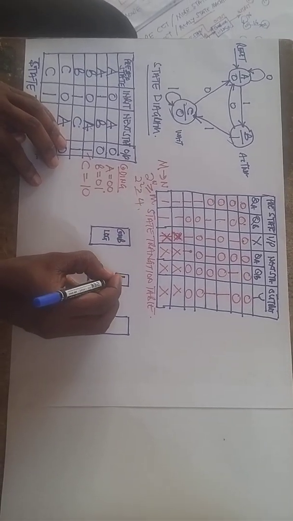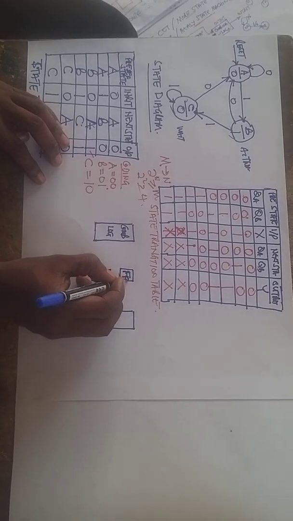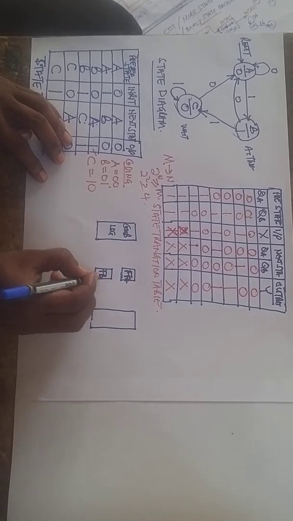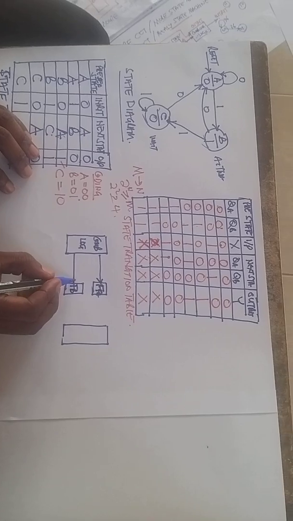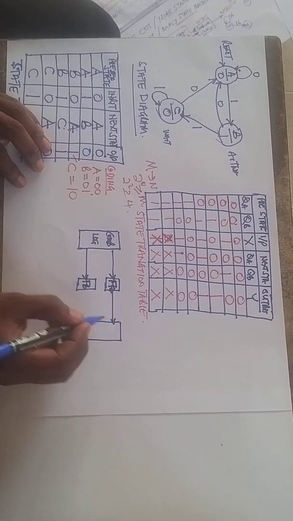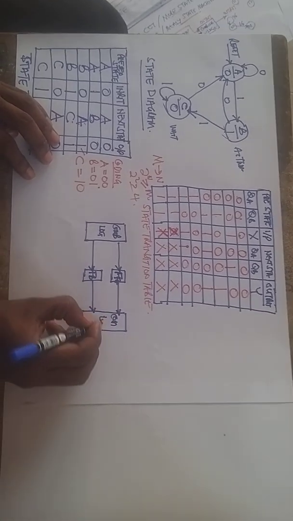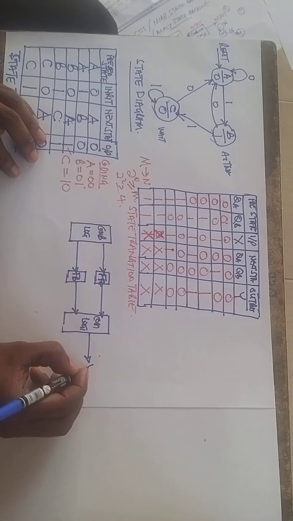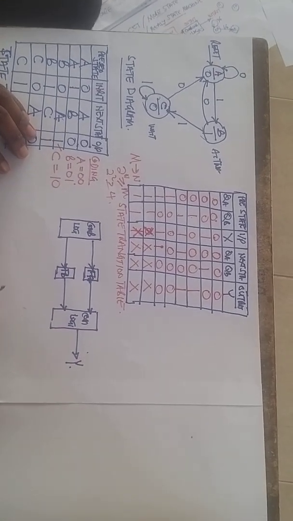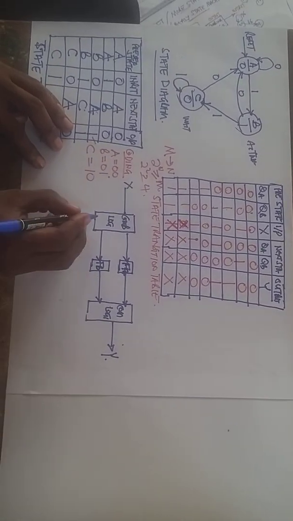This is my memory, flip-flop A and then flip-flop B. The output is taken from here, which is Y. Now I have my input, which is X here, and then my feedback.